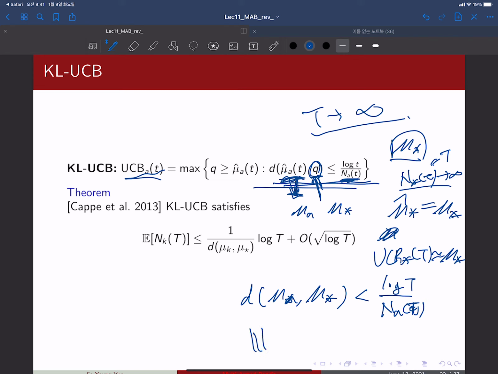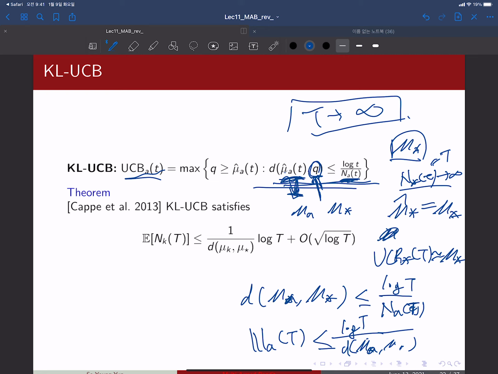Then N_A(T) can be bounded by log capital T over the KL divergence between mu A and mu star. Okay, so that is a very smart way, and this is very good, especially when capital T goes to infinity.